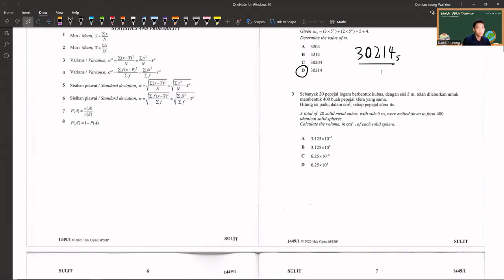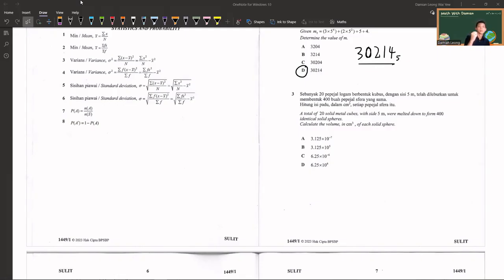Okay. Then question 3. Sebanyak 20 pepejal logam berbentuk kubus dengan sisi 5 meter telah dileburkan untuk membentuk 400 buah pepejal sfera yang sama.